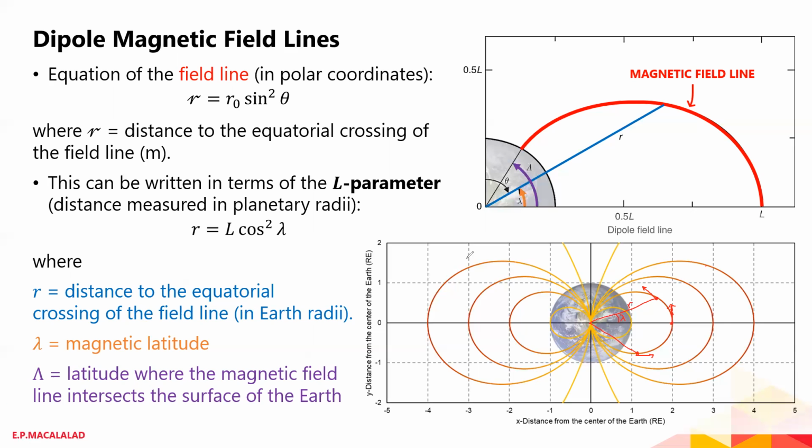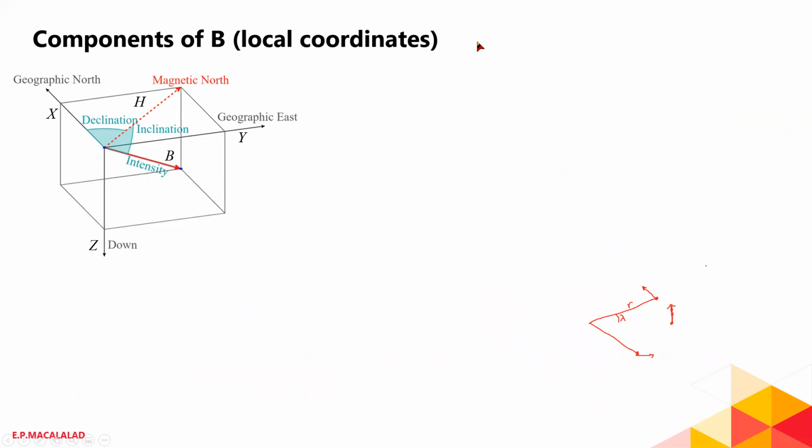Okay, let me just clear the annotation. So this is now the typical, predefined, by convention way we define the components of your magnetic field.